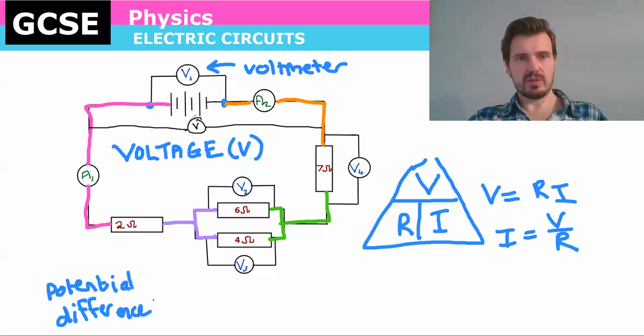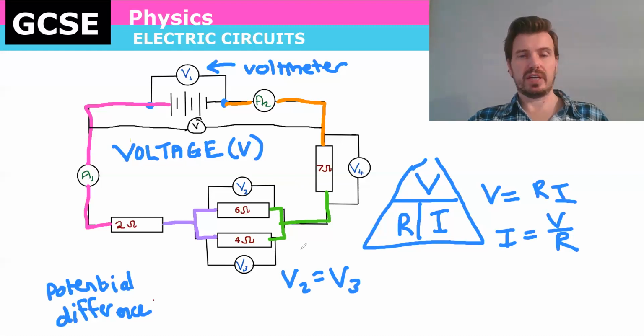So this voltmeter would be the same as V1 because they're both measuring the voltage across the battery, or you could think of it as the voltage across the entire circuit. V2 and V3 are the same because they both are measuring purple and green. So we know that V2 equals V3.